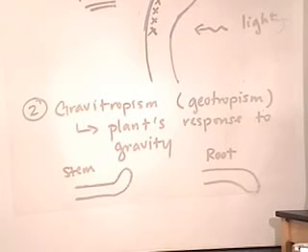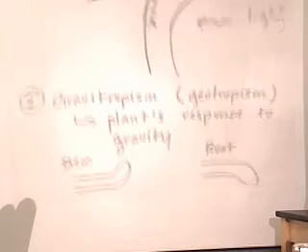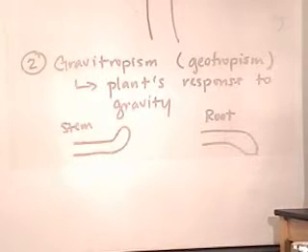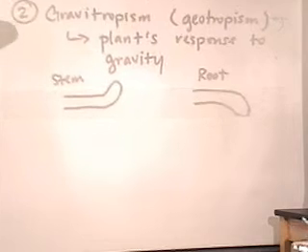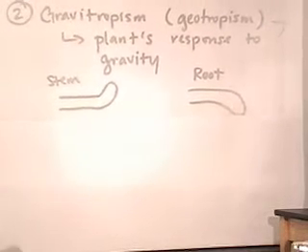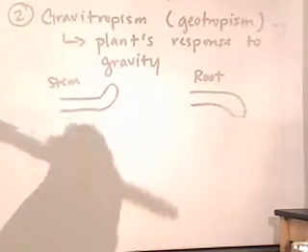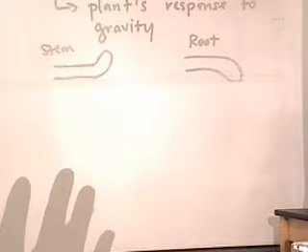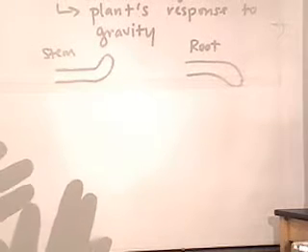So auxin, here's what happened. They think there's another molecule involved. They're called amyloplasts. So amyloplasts are these starch-containing vesicle type things in plants.